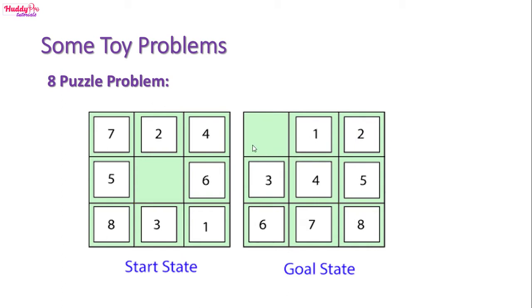And you do that by sliding these tiles using the blank space, so that in the end you have this arrangement. So your task is to convert the start state into the goal state by sliding the digits into the blank space. So this is a simple toy problem, the 8 puzzle problem.